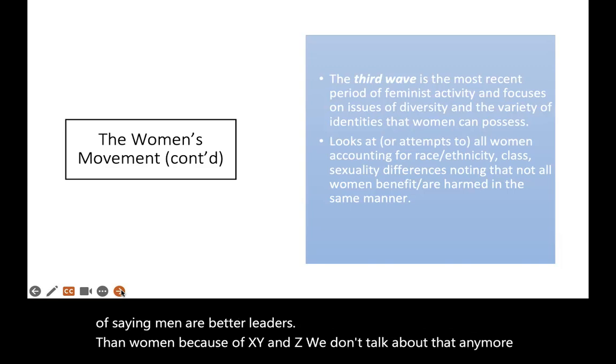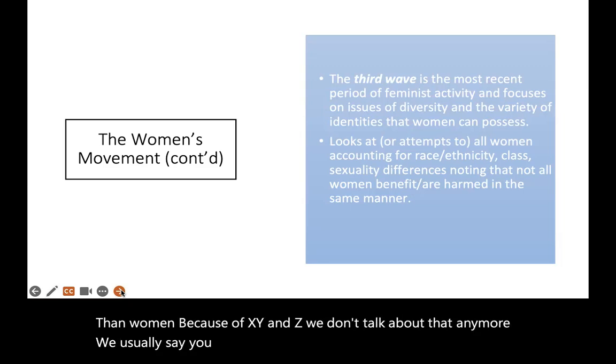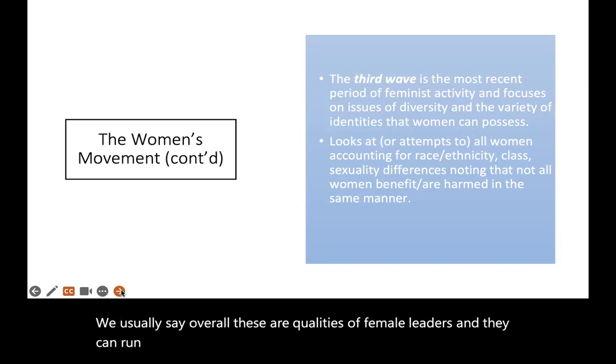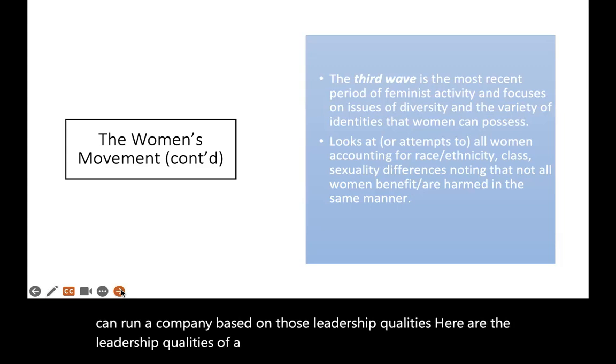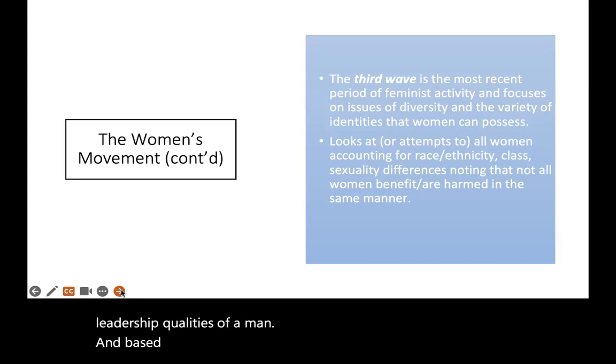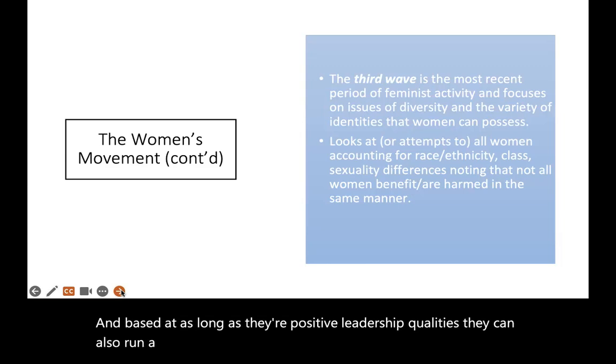We usually say, overall, these are qualities of female leaders, and they can run a company based on those leadership qualities. Here are the leadership qualities of a man, and as long as they're positive leadership qualities, okay, they can also run a business and do those kinds of things.